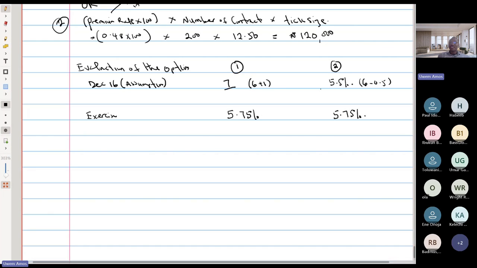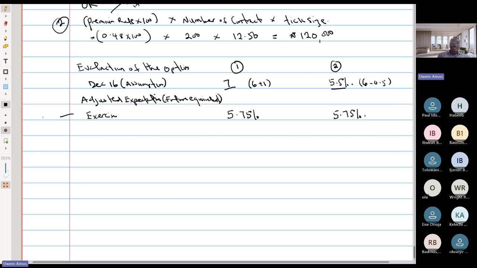Now, pay attention to this extra bit I want to bring in, because we need to adjust our assumption a little bit, and I'm going to explain what adjustment we're doing. Our option that we bought is a December option, and the December option matures December 31st.